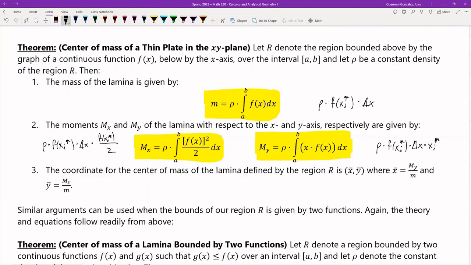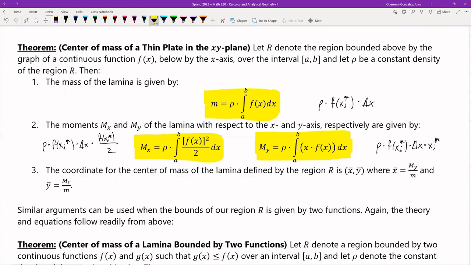And if you rearrange them and pull out the rho because it's just a constant value, and then took the limit as n goes to infinity, you got this thing. Notice how the construction is not too different from the integral.